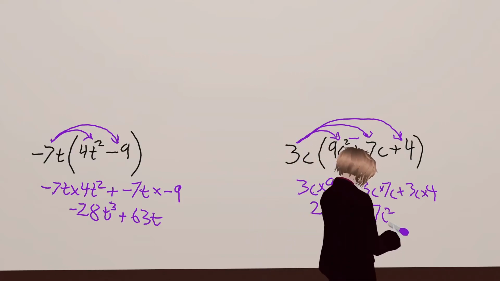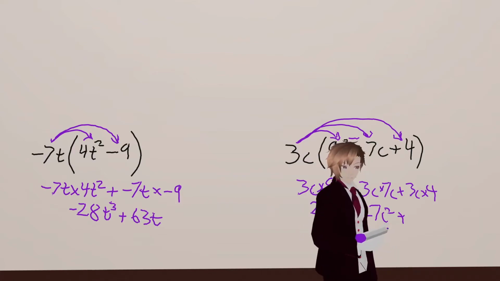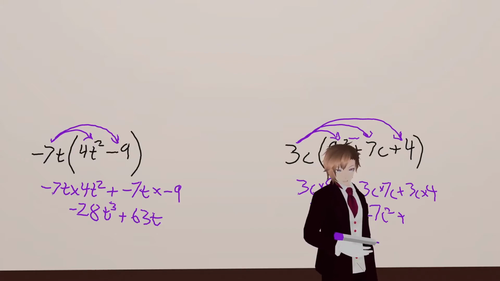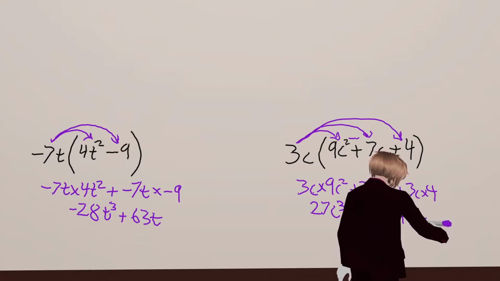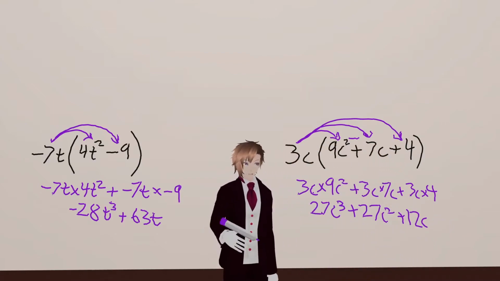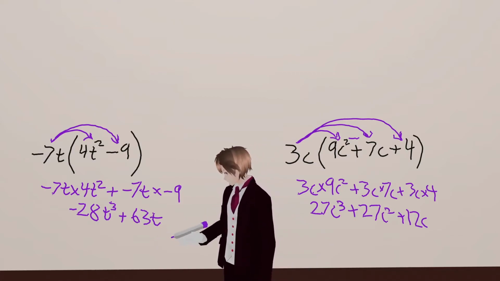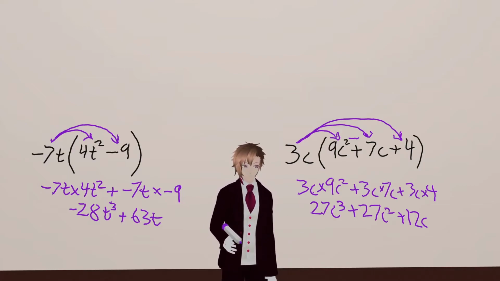And lastly, we have 3c times 4, 3 times 4 is 12, and we just have a c left over. I've expanded both of these expressions and tried to see if I could simplify any more, but this is as simple as I can get.